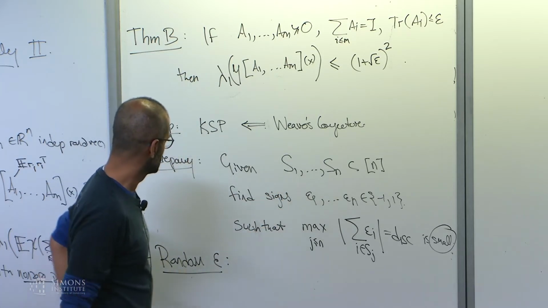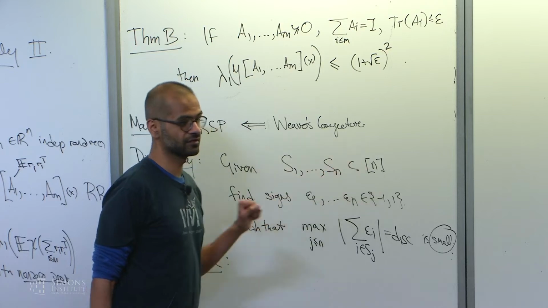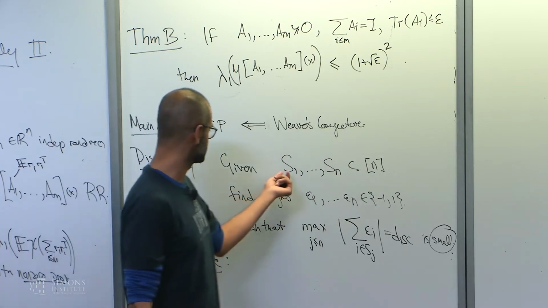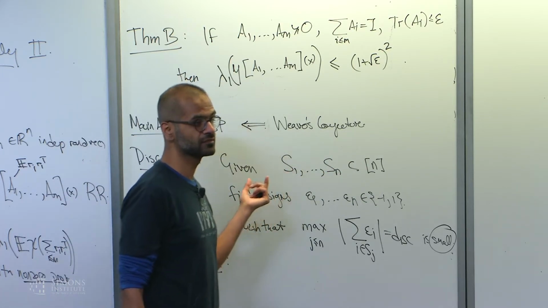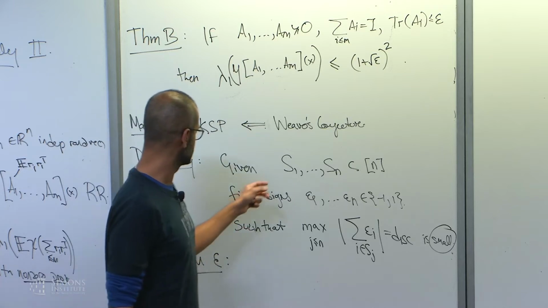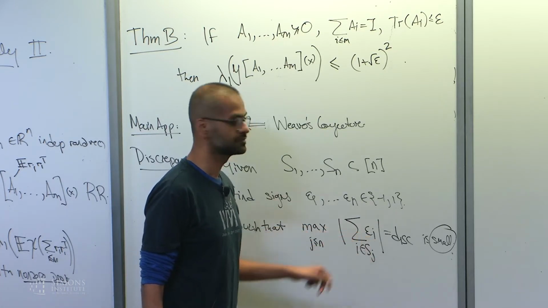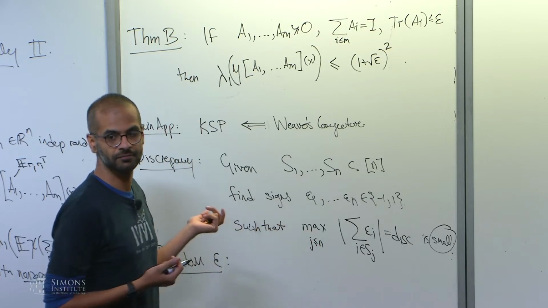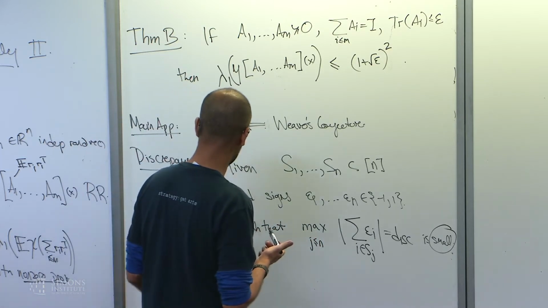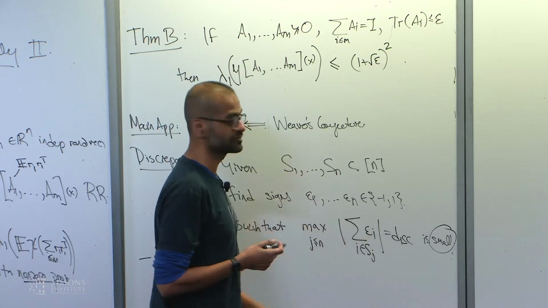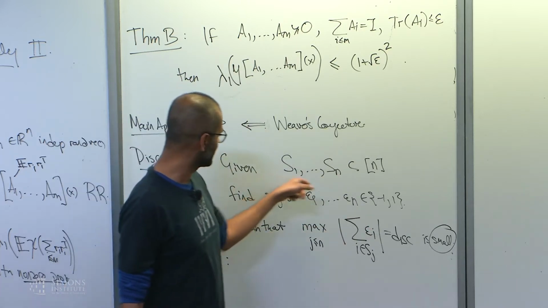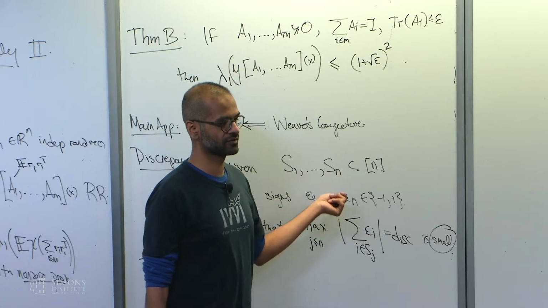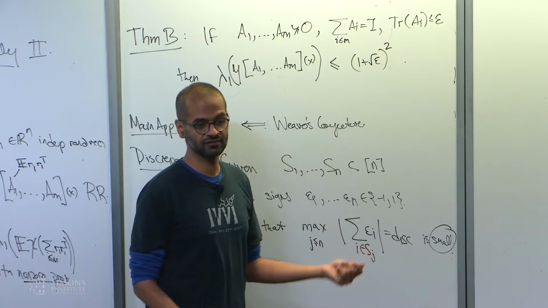These are subsets of a set of size n. They could have size about order n. If you pick random signs inside each subset, you expect about square root n fluctuation, right? The standard deviation is square root n. So for one subset, you should get a discrepancy of square root n, but you have n sets. So if you union bound over them, you should pick up another log factor.